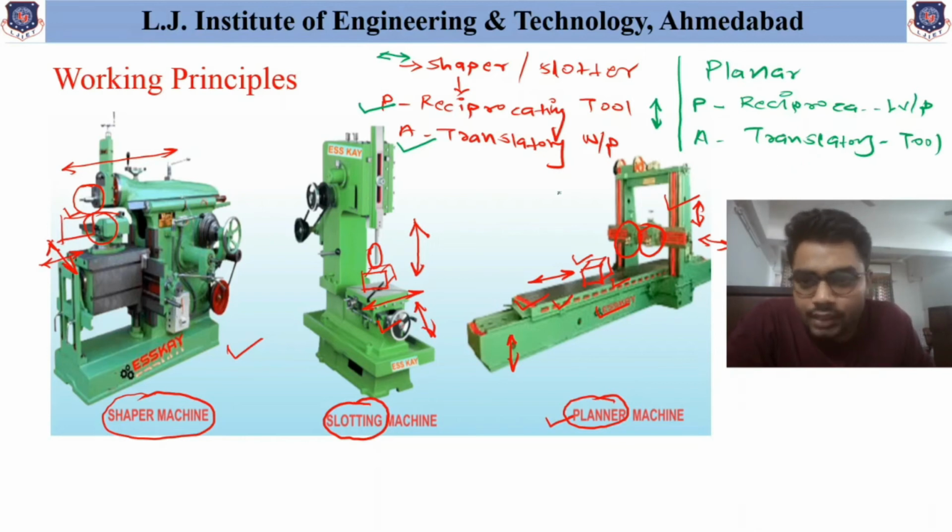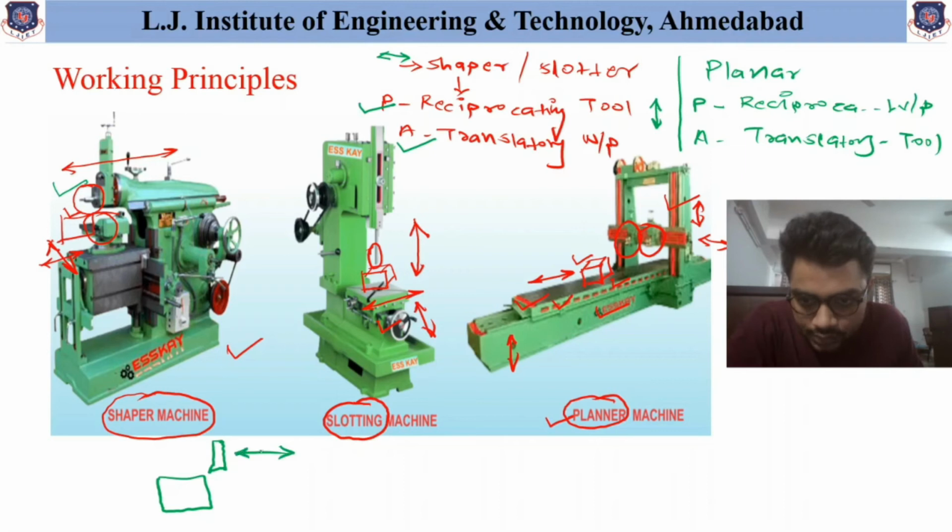Now, as one can see, in the case of these different machines, if we simply take an example, let us have a look over here. Suppose a tool is provided and it is reciprocated in this particular direction.